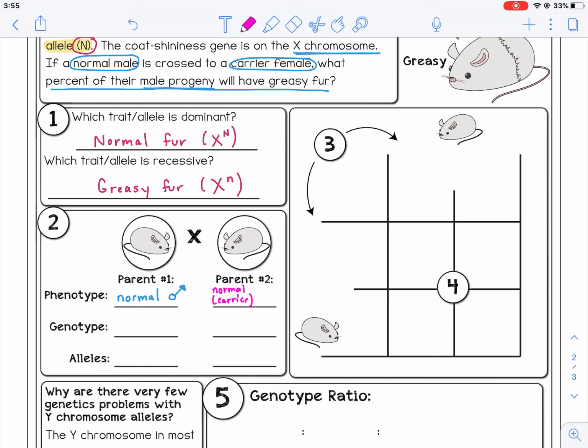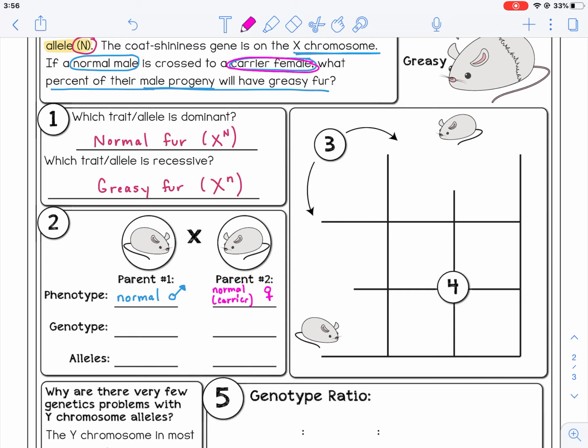Now you have enough room to put this on one line when you type. The biological mother is obviously a female. And she is a normal haired individual, but she is in fact a carrier. We specifically said a carrier female.